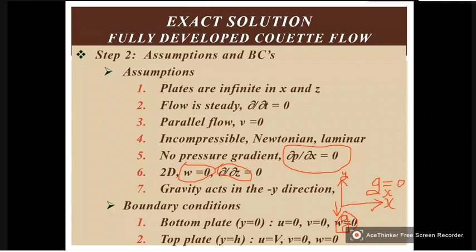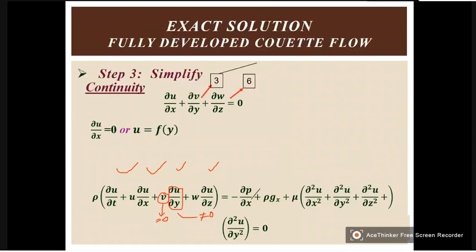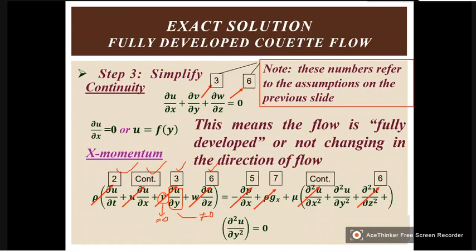Because if you resolve any vertical force in the horizontal direction, it will not be there. So that is the reason why we have taken the second term on the right hand side as 0.